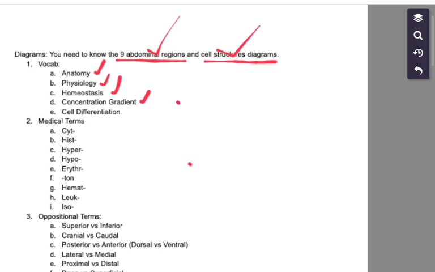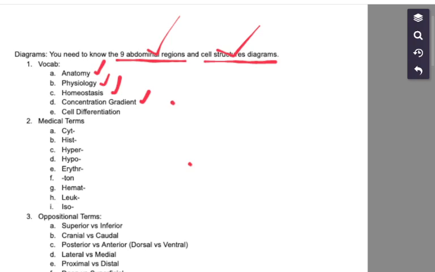So water is going to want to move in a direction that lowers the concentration of that environment, whereas solutes are also going to move from areas of high concentration to low concentration, thereby diluting the environment as well.